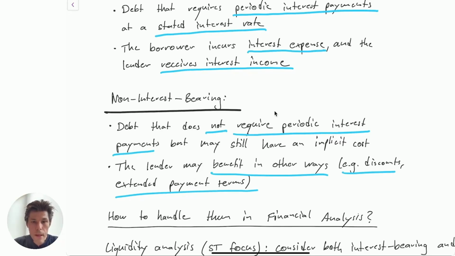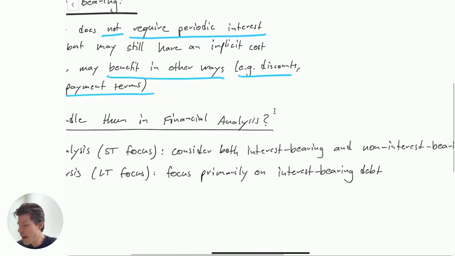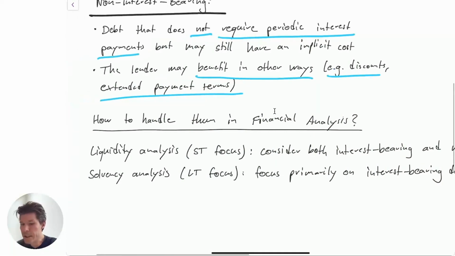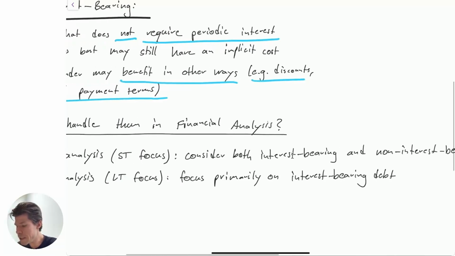Good. Main question here is how to handle them in financial statement analysis. As you may recall, when we looked at liquidity ratios and when we looked at solvency ratios, long-term focus, liquidity short-term focus, I would suggest for liquidity ratios, you consider both interest-bearing and non-interest-bearing liabilities.